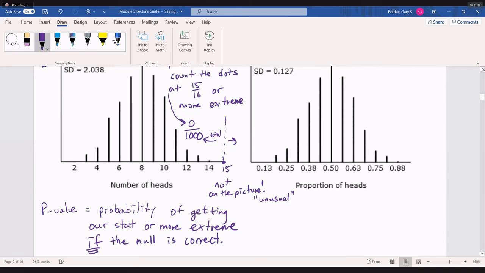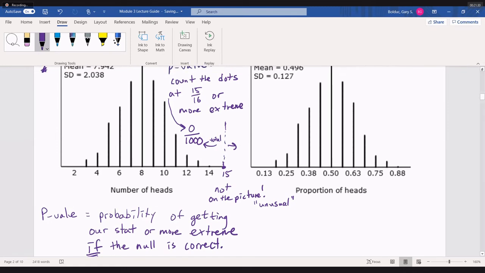Okay, so this is another classic example in this class of you've already done this idea a bunch of times. I'm just putting a name on it. You've already assumed the null was correct.